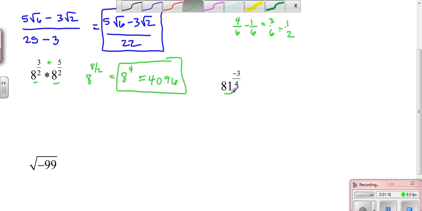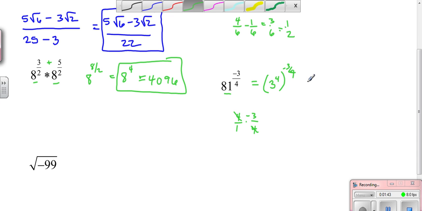Now this initially looks like you can't do anything, but again, like I said in part 1, simplify all of your numbers. And I know that 81 is 3 to the 4th, to the negative 3/4 power. Power to a power, I multiply, so when you take that problem out and you think about multiplying your exponents, that's your multiplication.